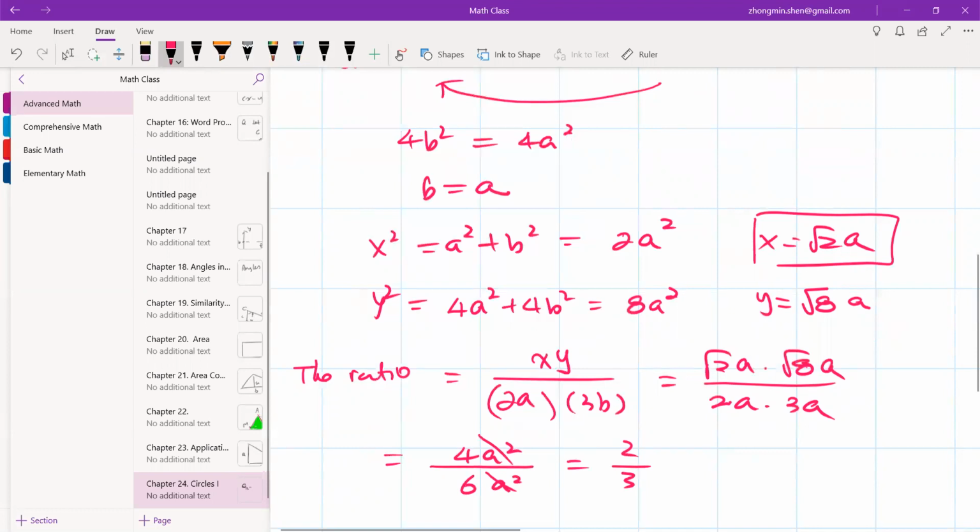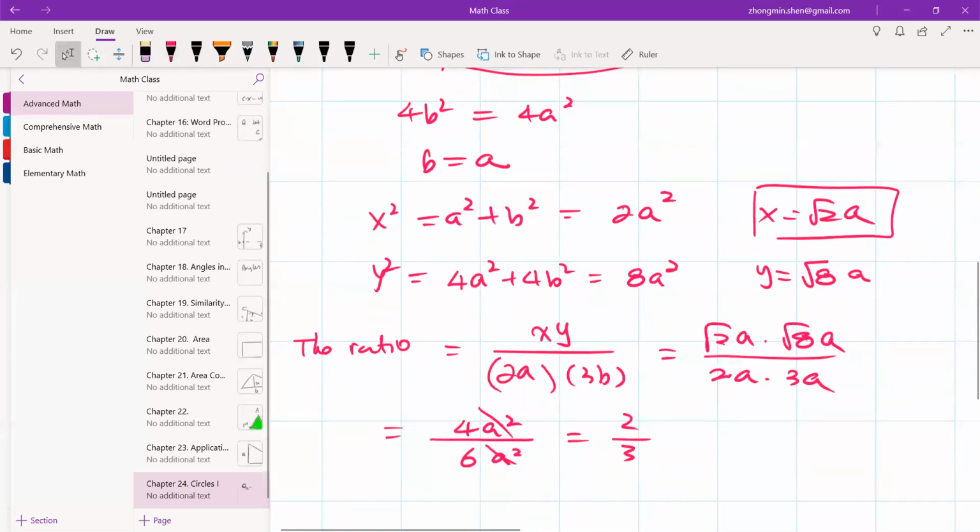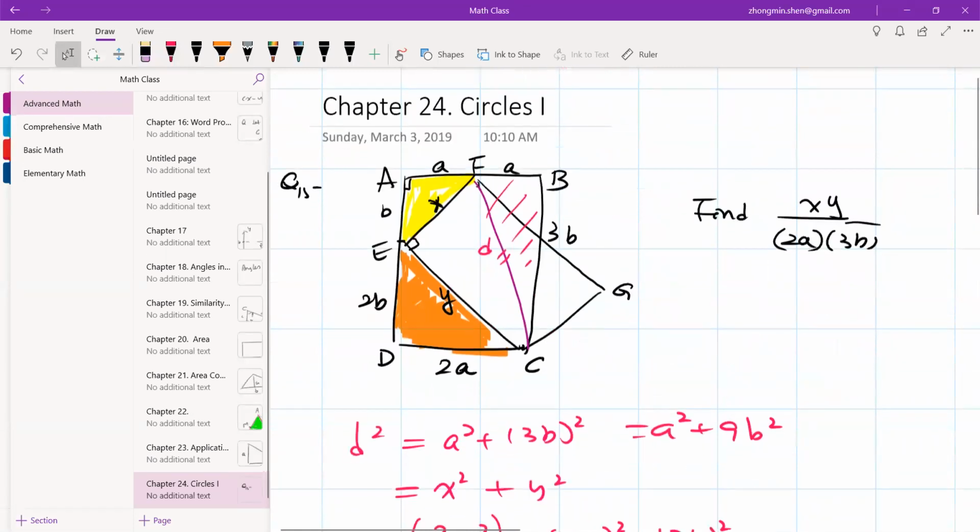I think the key step is to prove A equals B, using all the possible right triangles you can see, and to find the relationship. That cannot be arbitrary. You put a rectangle, another rectangle here, and it's easy to say F is the middle point, but it's not easy to say A is equal to half of ED.